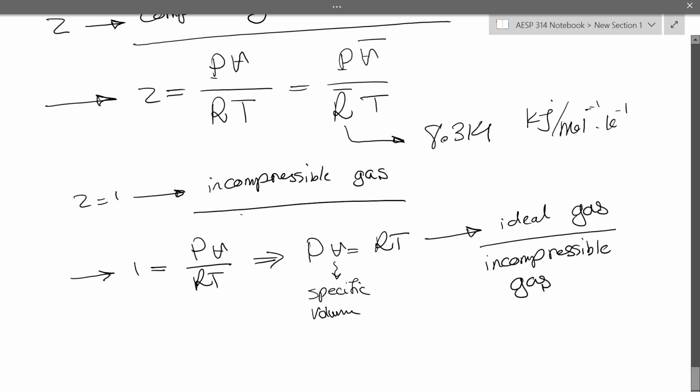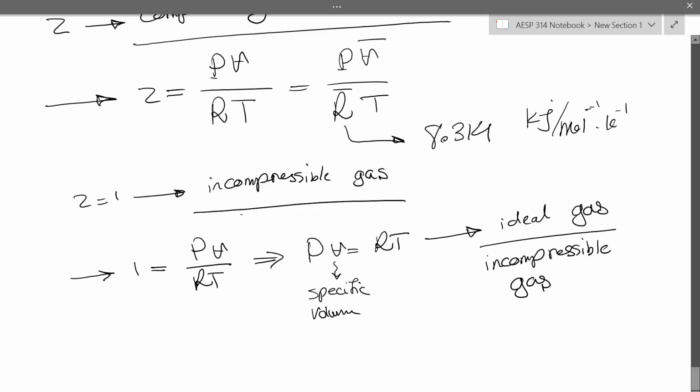Who can tell me what is a mole? It's Avogadro's number. So a mole is a unit of measurement of the amount of substance, right?